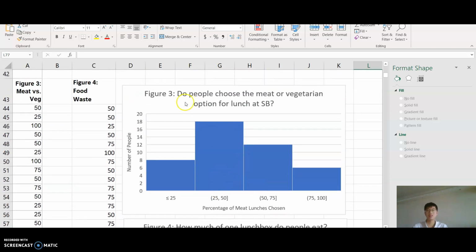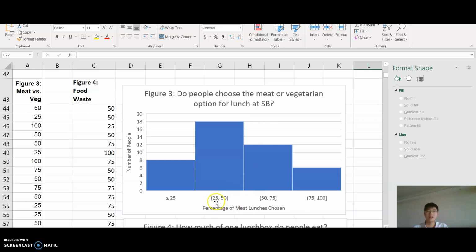And we can see something similar with the meat and vegetarian. For this, we have meat. This is the percentage of meat lunches chosen at the bottom, and then the number of people on the left here.